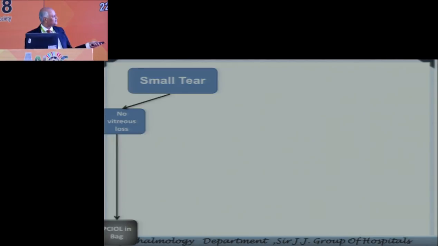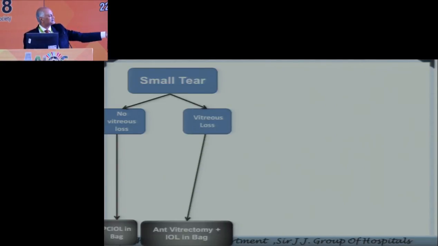Now when there is a small tear, what should we do? If there is no vitreous loss with a small tear, then you can go for the PC IOL in the back, as there is no vitreous. If vitreous loss is there in the small tear, then anterior vitrectomy with IOL in the back. If there is a large tear with no vitreous loss, then you can go for the PC IOL in the back.